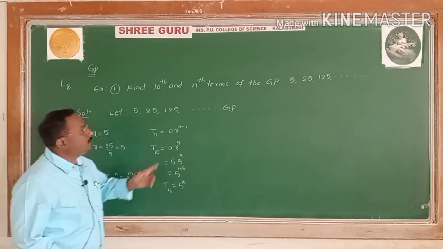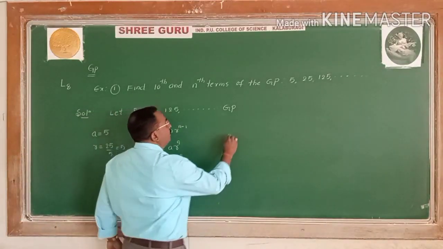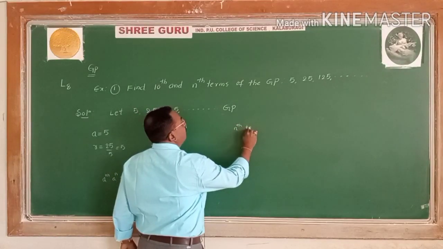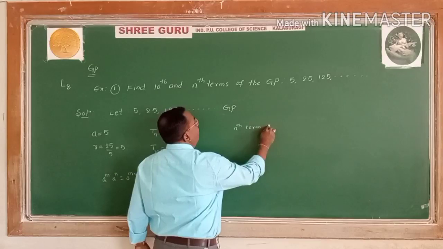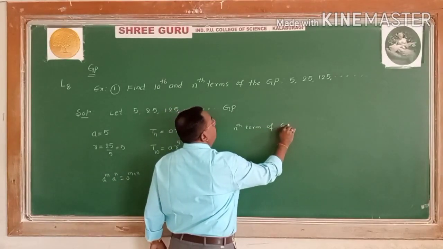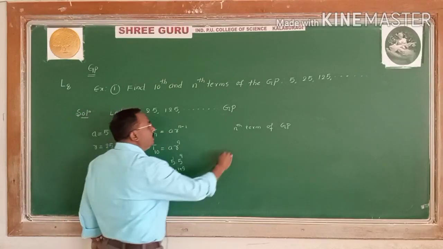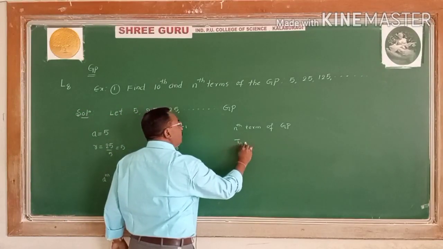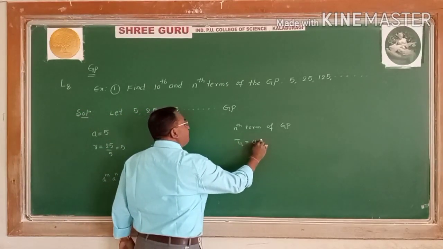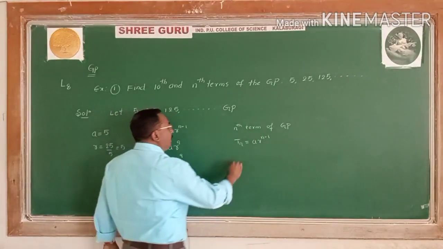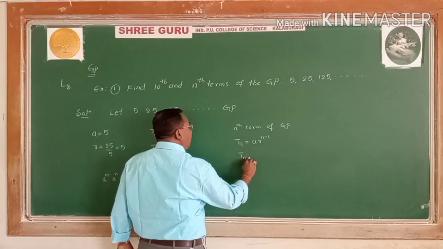Next, to find the nth term. We know that the nth term of GP, Tn, is equal to A into r to the power n minus 1. Substitute the A value and r value.